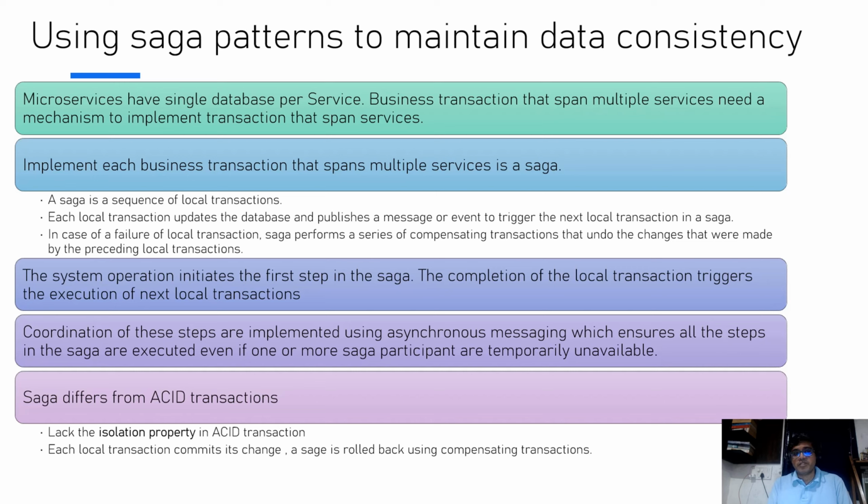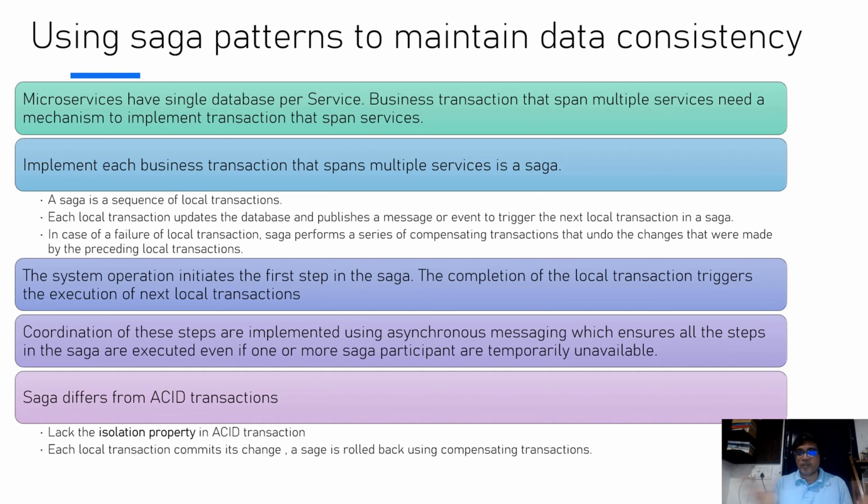The system operation initiates the first step in the Saga. The completion of a local transaction triggers the execution of the next local transaction. Coordination of these steps is implemented using asynchronous messaging, which ensures all the steps in the Saga are executed even if one or more participants are temporarily unavailable.